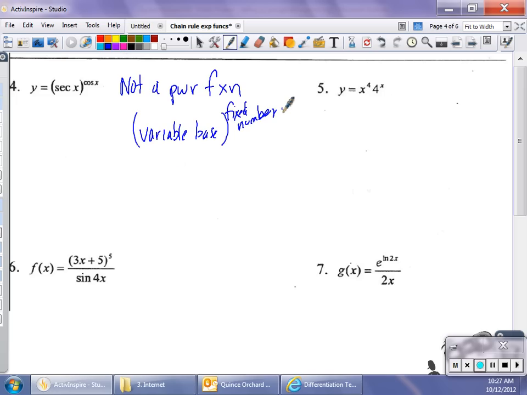And what I mean by that is x squared, x to the first, x cubed. Those are power functions. This is definitely not a power function because this power is not a fixed number.